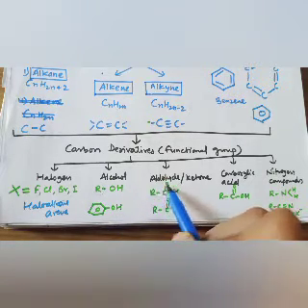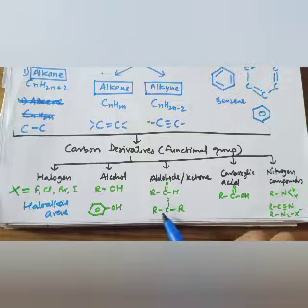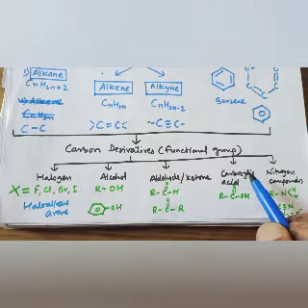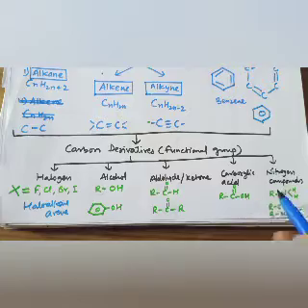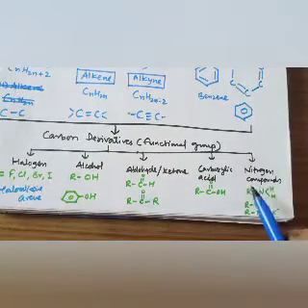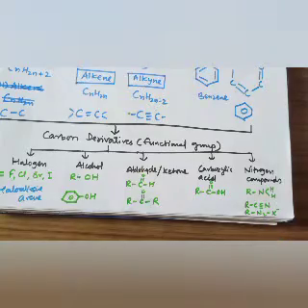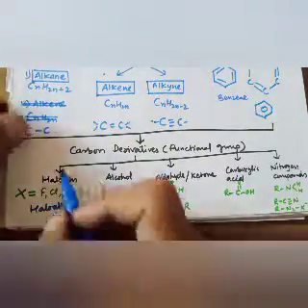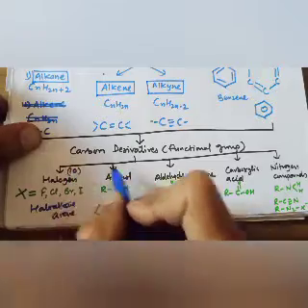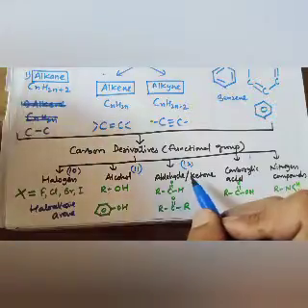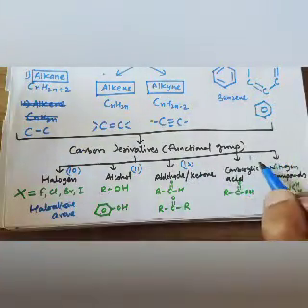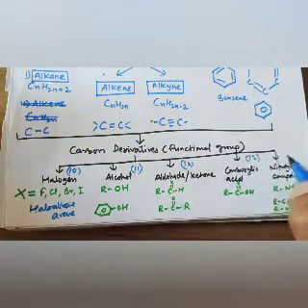Aldehyde is RCHO, whereas ketone is R-C double bond O-R, with the carbonyl in the center. Carboxylic acid is R-C double bond O with OH, or COOH we can say, whereas nitrogen compounds are RNH2, RCN is cyano, and RN2X is diazo. So this we will talk about in unit 10, this in unit 11, this in 12, and this in 13.